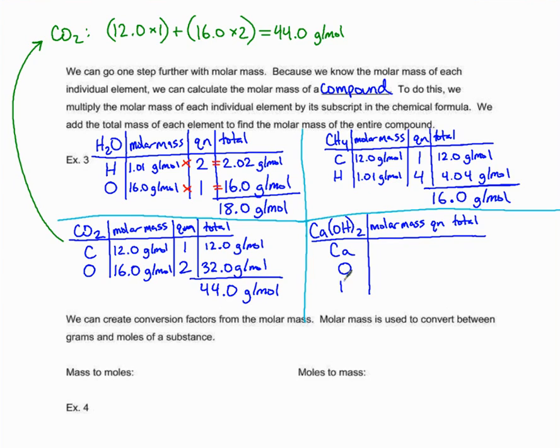Third element is hydrogen. Looking at the molar masses, I get them from the periodic table. Calcium is 40.1 with 3 significant figures. Oxygen, 16.0 grams per mole. Hydrogen, 1.01 grams per mole.